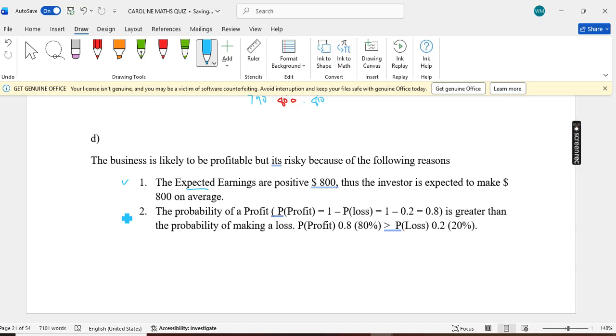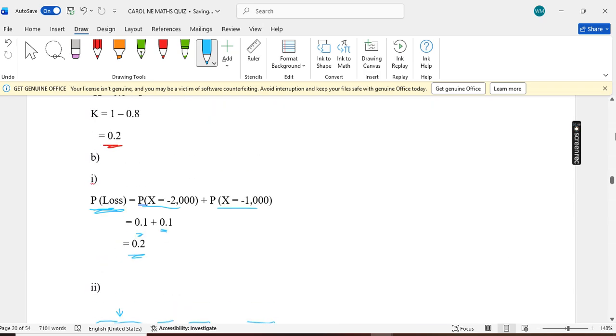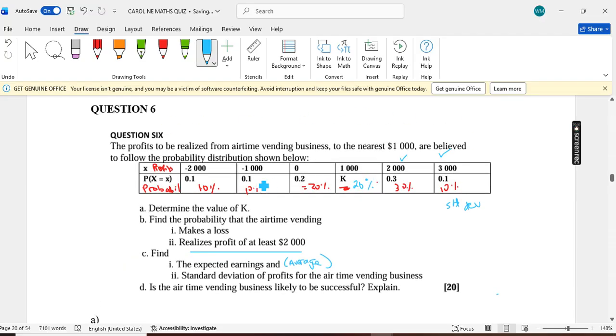The second criteria is we're going to compare the probabilities of making a profit versus making a loss. We want to compare what's the probability of making a profit in this industry and what's the probability of making a loss in this industry. If you come back to your table, we said the probability of making a loss in this industry is 20%. We did this: probability of making a loss 0.1 plus 0.1, 20% chance of making a loss.